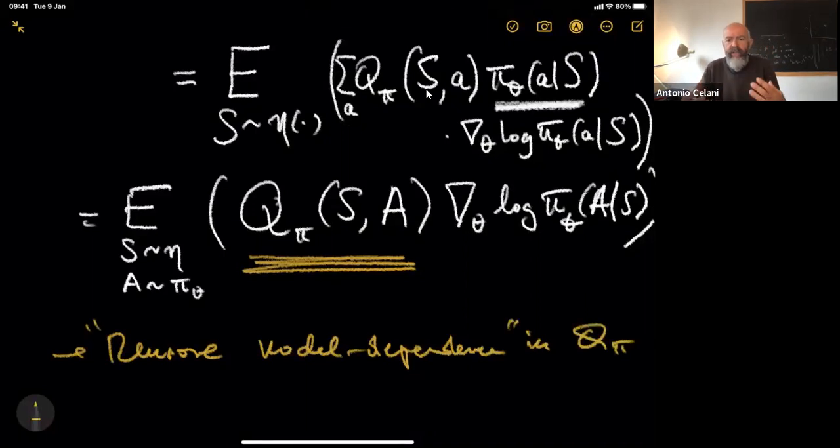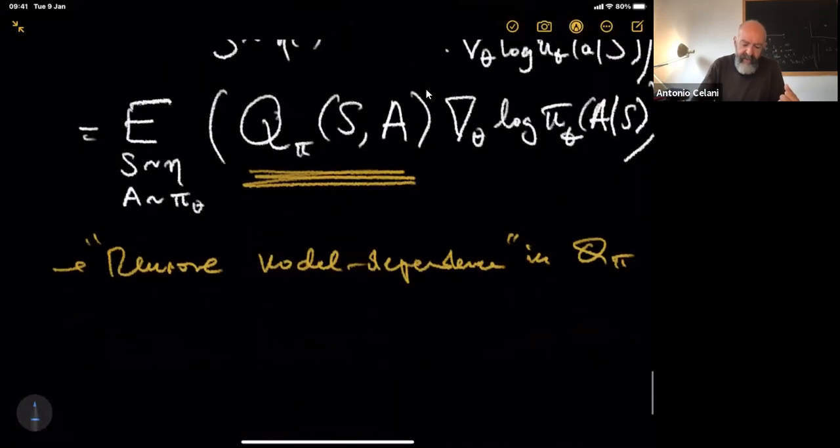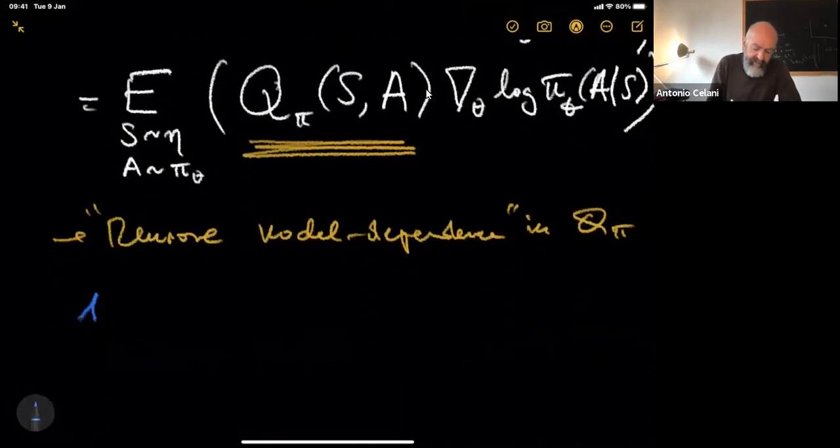That is, we want to turn this object into something which we can sample rather than compute from the model. And there are different directions in which we can proceed. So the first one is to use Monte Carlo.